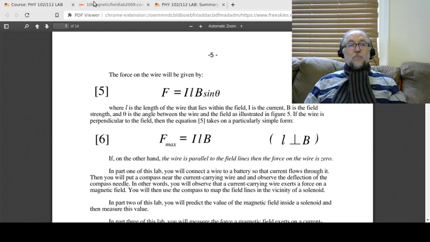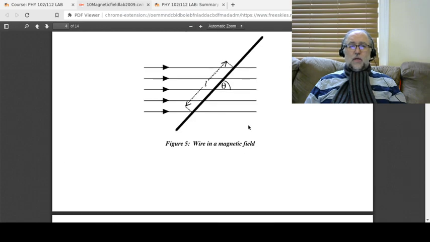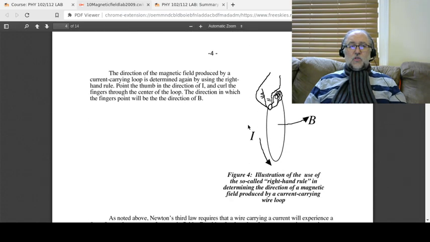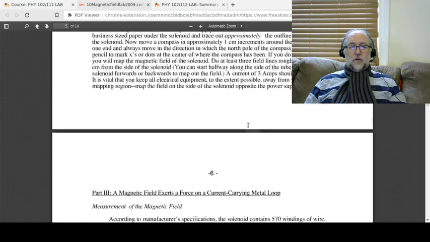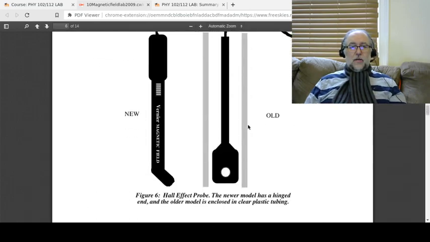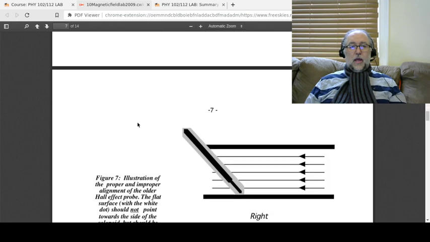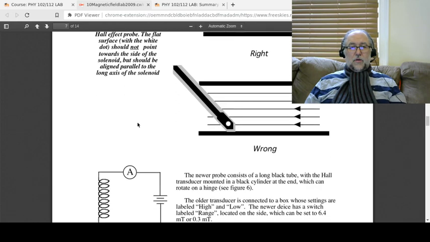Experimentally, what you would have done for the first one is you would have had this solenoid. I should scroll down here. There's the Gauss meter, the probe of the Gauss meter.